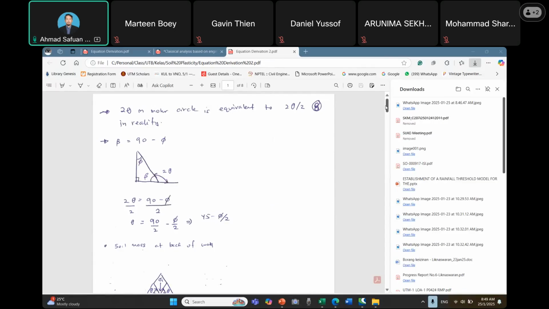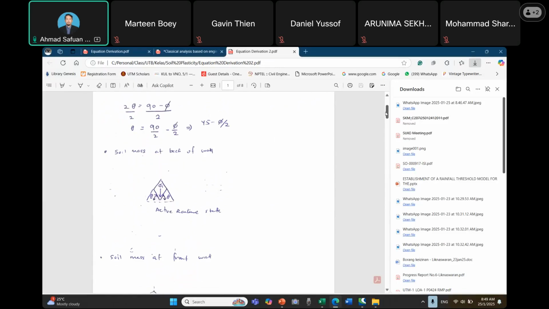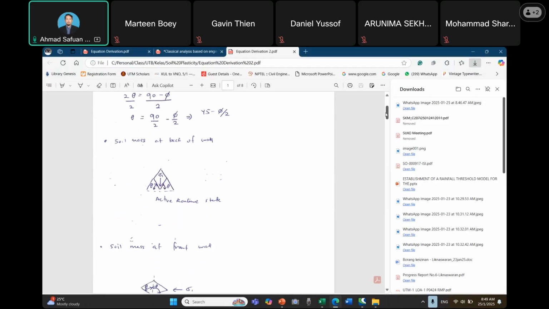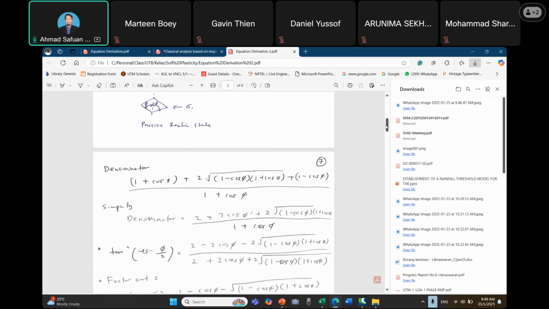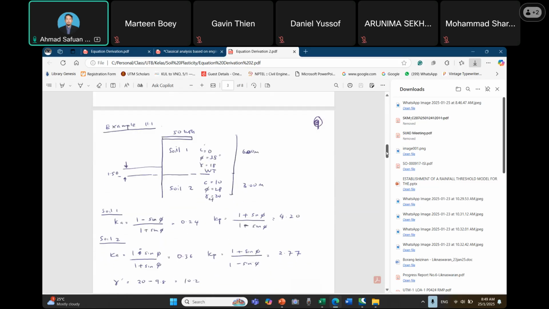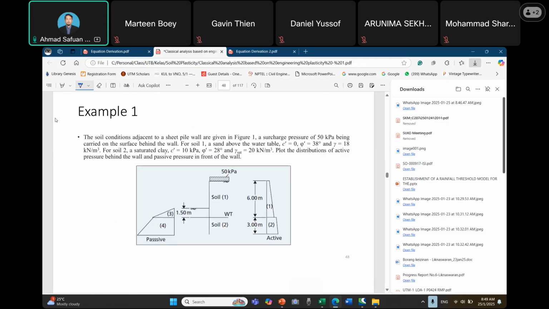Soil at the back of the wall is considered as an active Rankine state. Soil in front of the wall is considered as the passive Rankine state. Then this is example number 11.1.